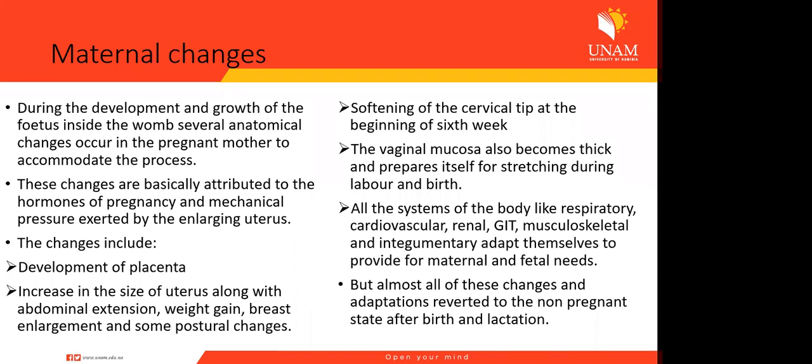Thankfully, all these changes normally will revert to the non-pregnant state after birth and lactation. Now, this is arguable because a lot of women do not return to their pre-pregnancy state because of so many fat depositions and all the changes that have taken place.